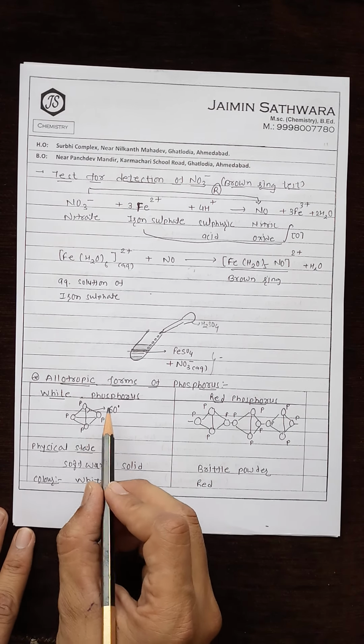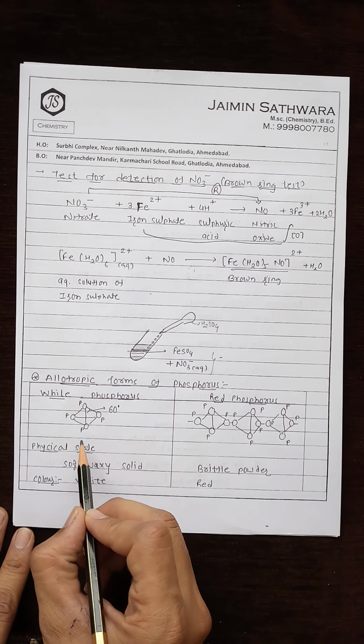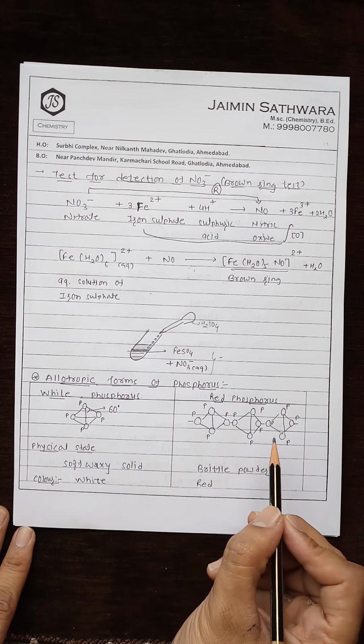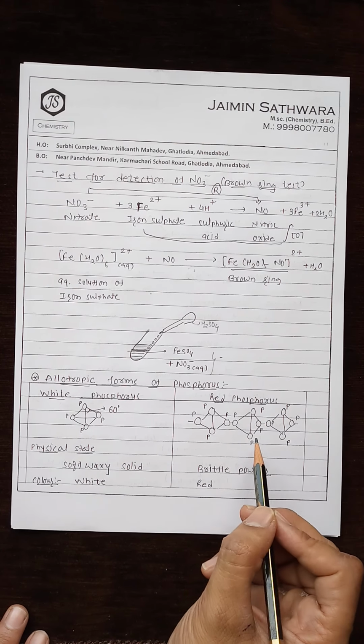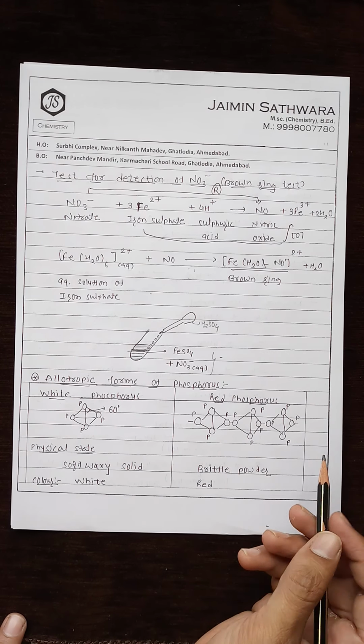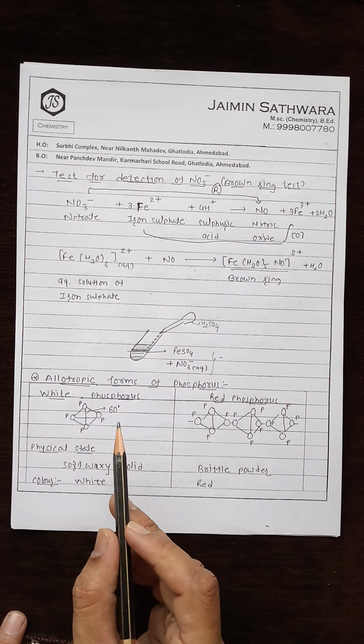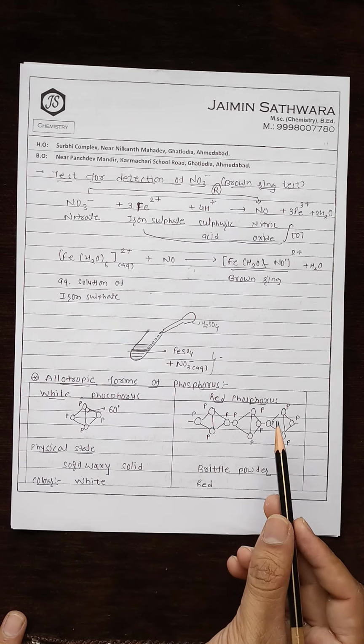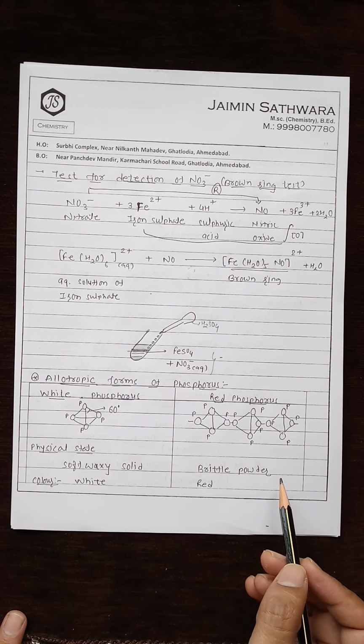White phosphorus is obtained in monomeric tetrahedral form, while red phosphorus is obtained in polymeric tetrahedral form. Physical state: white phosphorus is a soft waxy solid, while red phosphorus is a brittle powder.